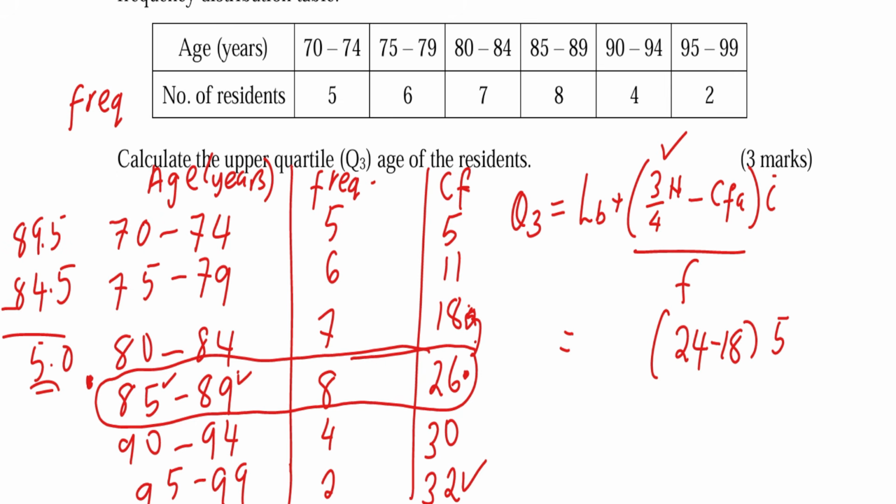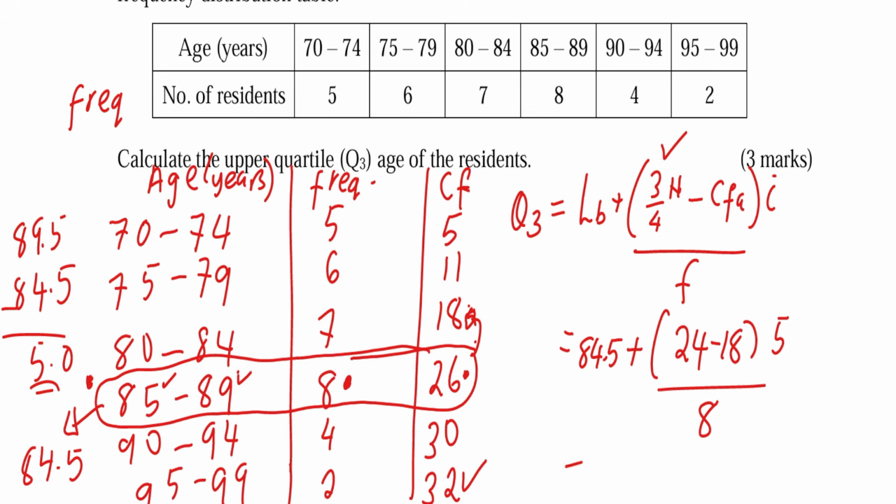So multiply by 5, divide by the class frequency, which is 8. Then lower boundary is this one, which is not 85 but instead 84.5. So this is 84.5. So first 24 minus 18 gives us 6, divide by 8, then multiply by 5, then it gives us 3.75.